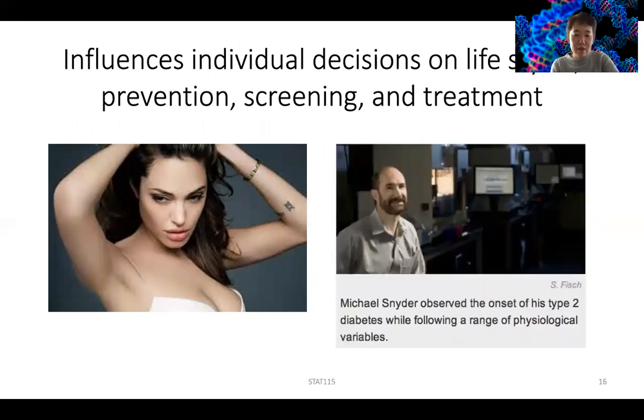There's another case where Mike Snyder, the chair of the genetics department at Stanford, had his DNA tested. At the same time, he's kind of monitoring himself for a number of day-to-day physiological variables. And interestingly, his DNA test came back suggesting that he is more susceptible to certain diseases like type 2 diabetes.